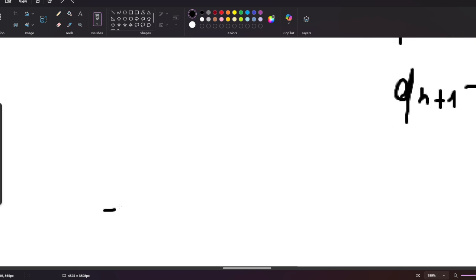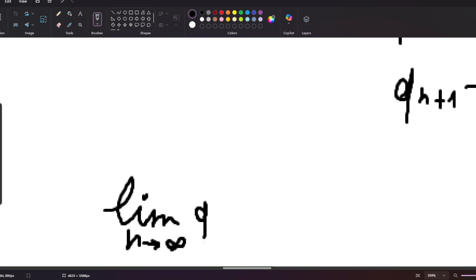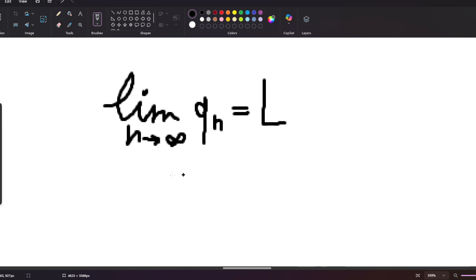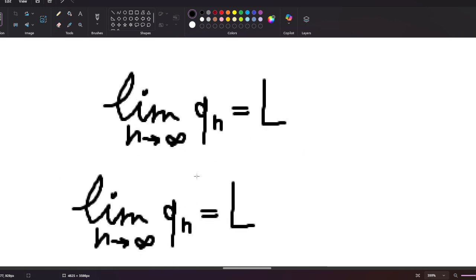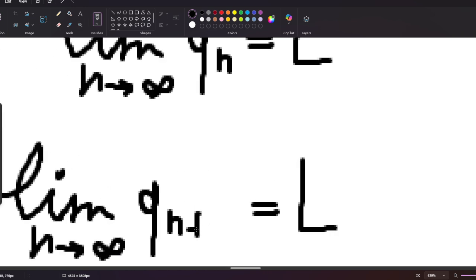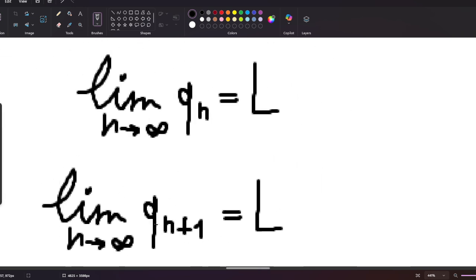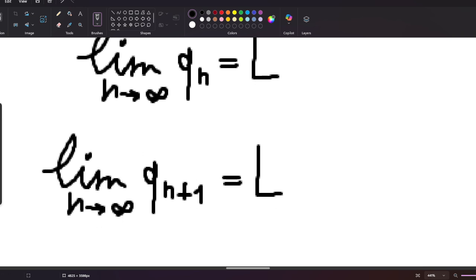So let's say that the limit as n approaches infinity of Qn is going to be L. Now, thing is, that's going to be the same if we were to take the limit as n approaches infinity of Qn plus 1. We can rewrite it as square root of 2 times Qn.